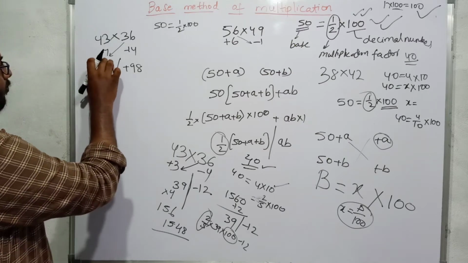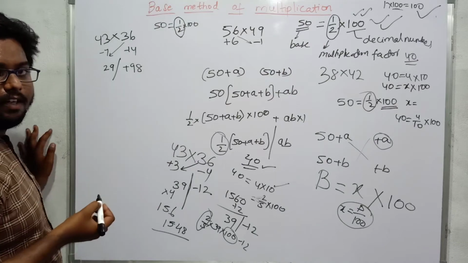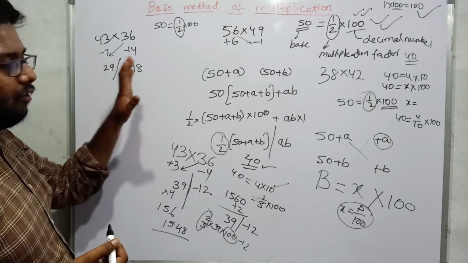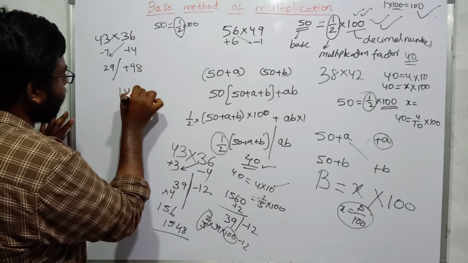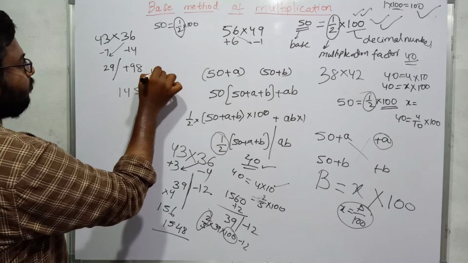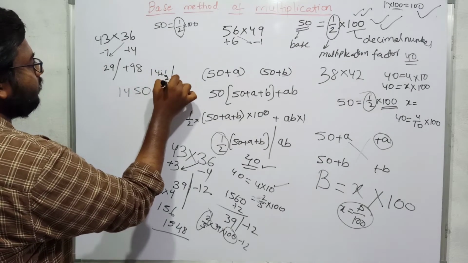So I want to settle this, and the multiplication factor here is half. Half of 29 is nothing but 14.5. 14.5 into 100 is nothing but 1450. And since I have to write here, this is 14.5 or 14 and a half, 14 plus 1 by 2 slash 98.